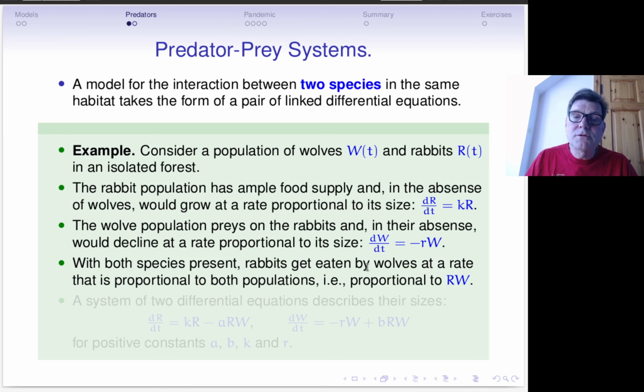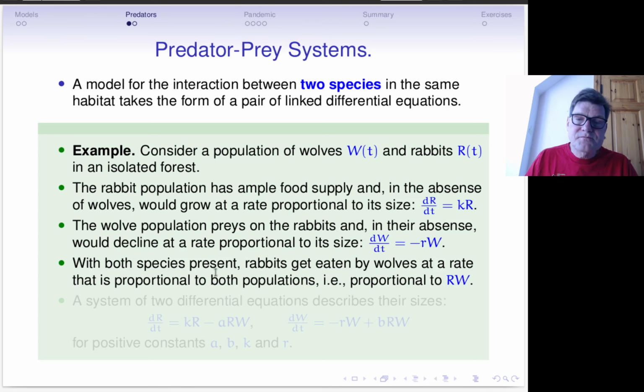So it's proportional to the product of the two, in the sense that the more rabbits there are, the more opportunities for wolves to meet rabbits arise, and the more wolves there are, the more opportunities arise.